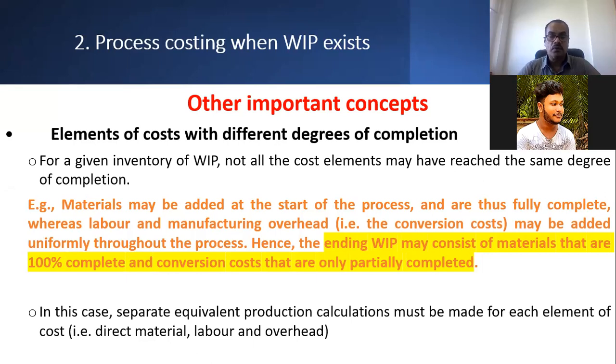Otherwise, you will face lots of problems. So here we will work out some questions with different percentages, not with respect to different items, but with respect to different cost elements, labor and overhead, just to show you how complicated it is. If you really want to learn, you have to read more and work out more questions.